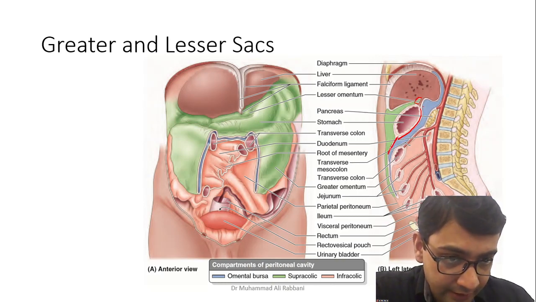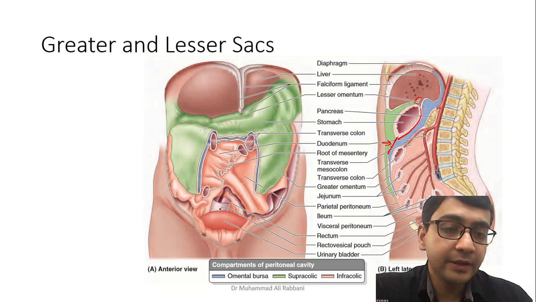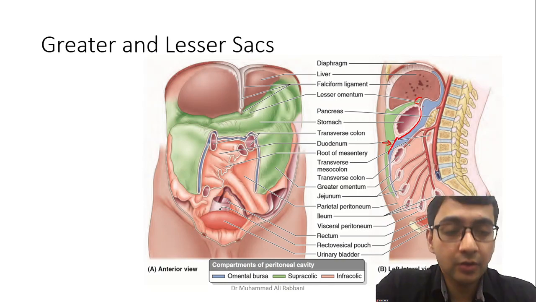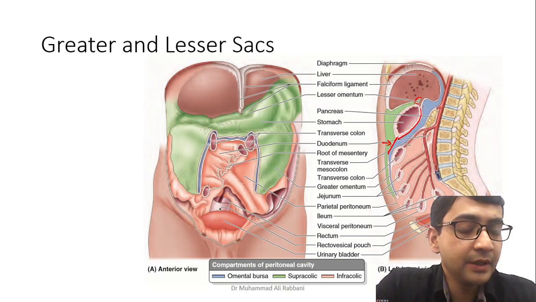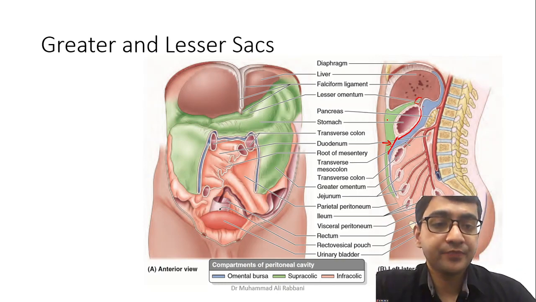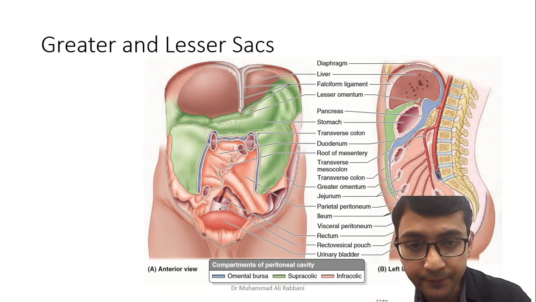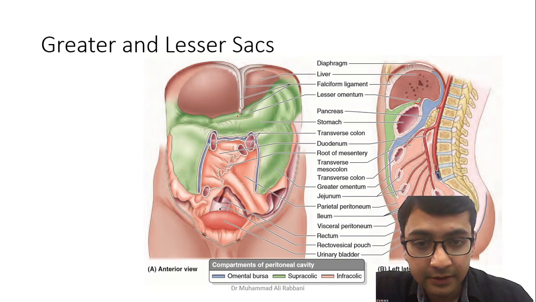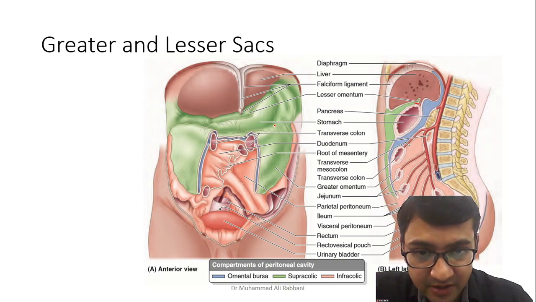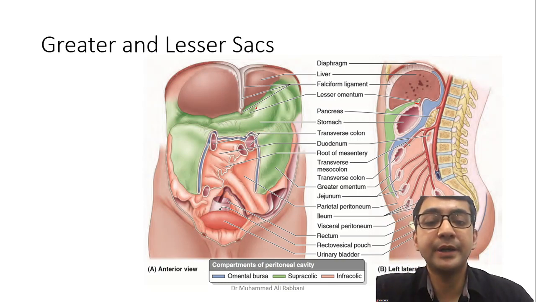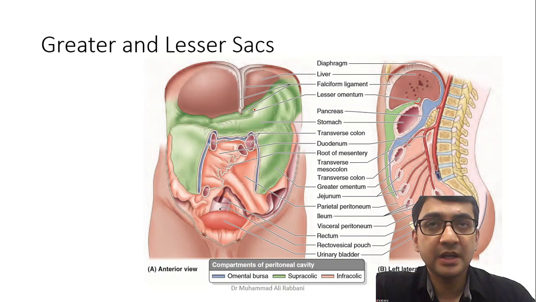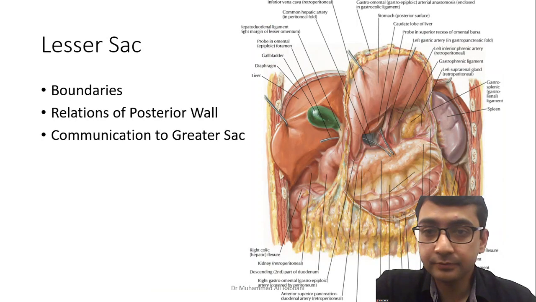Then it is lined anteriorly by the greater omentum, the part between the greater curvature of stomach and the transverse colon, also known as gastrocolic ligament. So this is the anterior boundary. Here is the lesser omentum, here is the stomach, and here is the space between the transverse colon and stomach. Behind it is the peritoneal space known as the lesser peritoneal sac.